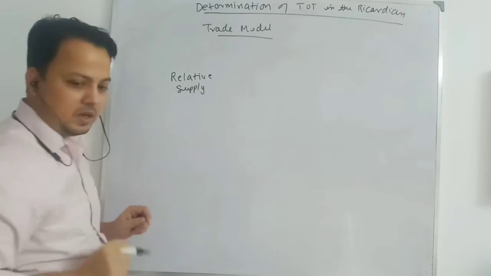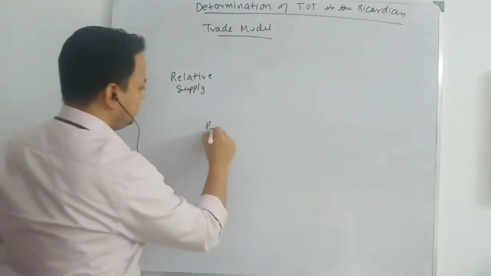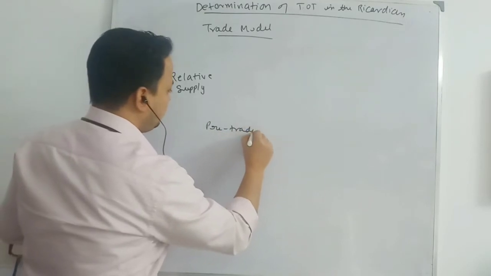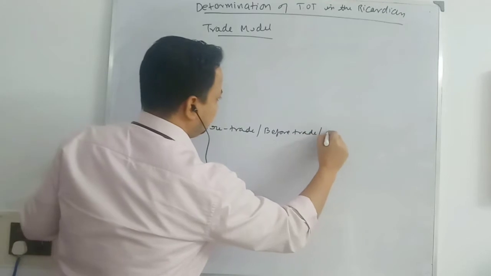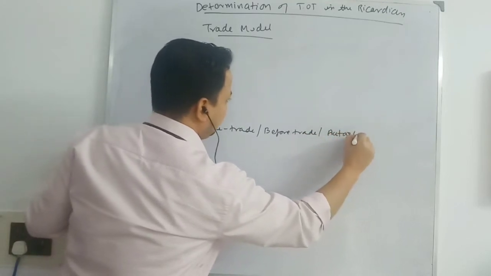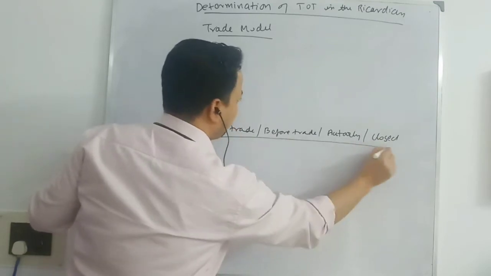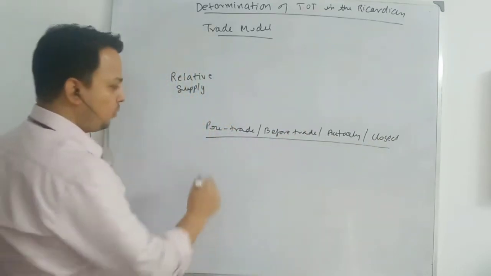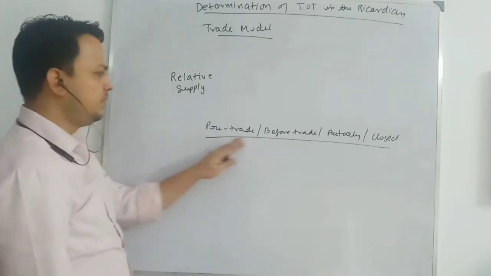Here we are going to determine terms of trade. Pre-trade, we also call this before trade, or autarky situation, or closed economy, whatever you want to say. Any of the forms, whatever you write. In home country, what we get pre-trade.